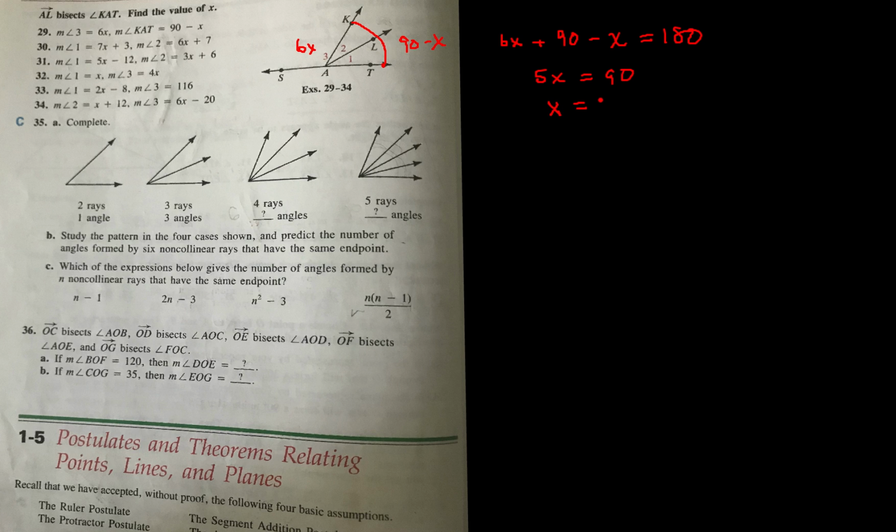X equals 18. So see how that works? If they're a linear pair, on a straight line, they add up to 180 degrees, and you solve for x. I'm going to erase all this as we go so that I can use the same drawing over and over again. So this first one's going to be 18.